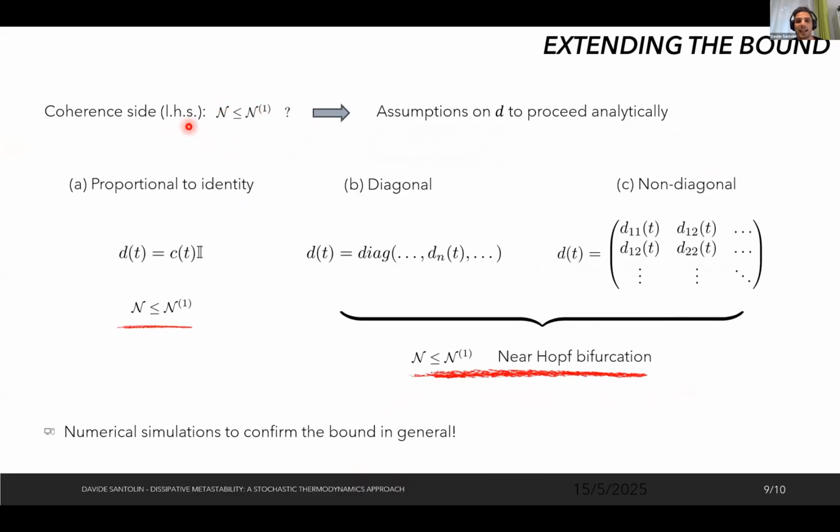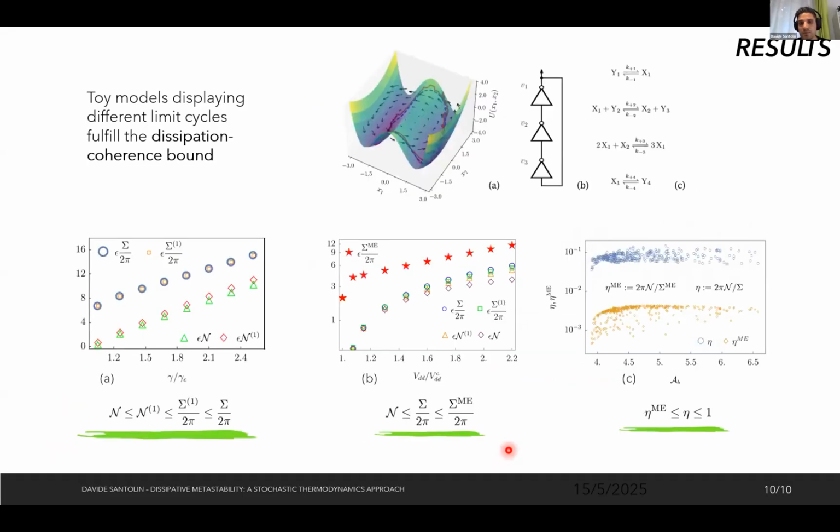And to proceed analytically, we have to make some assumptions on the analytic form of the diffusion matrix. And we've been able to derive everything analytically for systems in which the diffusion matrix is proportional to the identity. For more complicated systems, instead, we had analytic results only close to a Hopf bifurcation. For the rest, we had to rely on numerical simulation to confirm the bound.